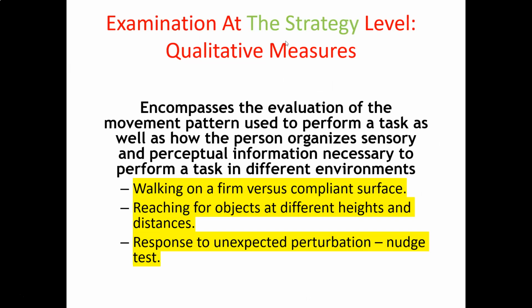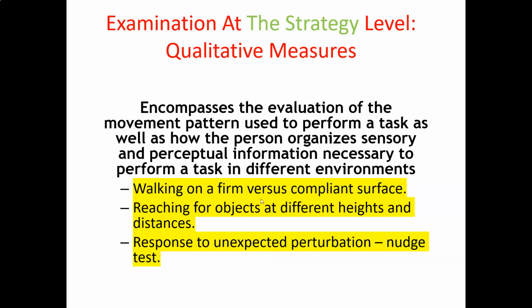Now, examination at the strategy level, qualitative measures, encompasses the evaluation of the movement pattern used to perform a task, as well as how the person organizes sensory and perceptual information necessary to perform a task in different environments. So at the strategy level, you would look at walking on a firm versus compliant surface, reaching for objects at different heights and distances, response to unexpected perturbation, like a little nudge test.